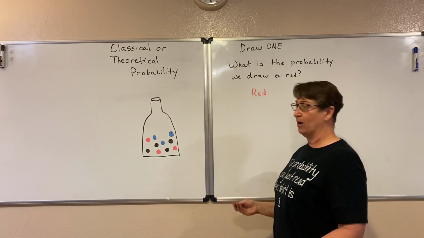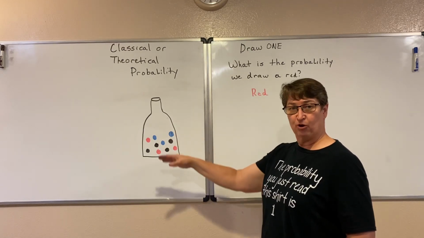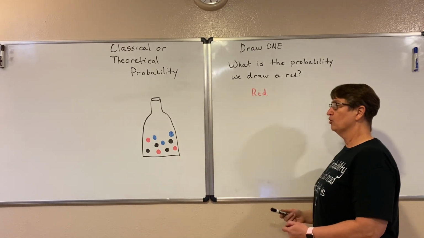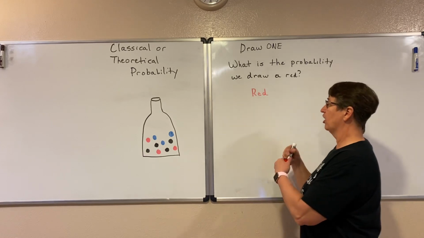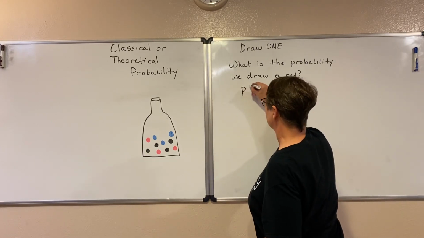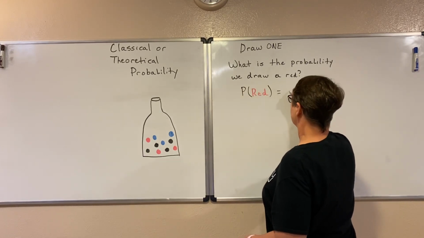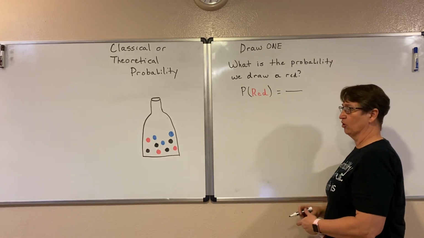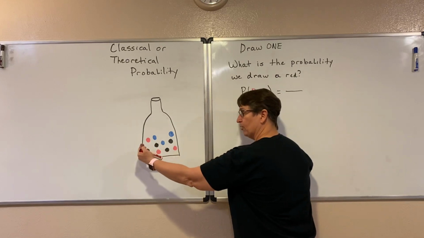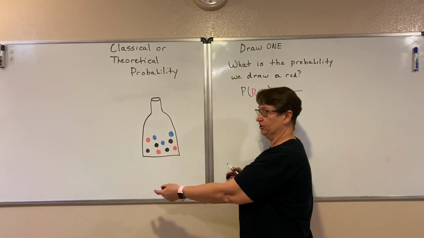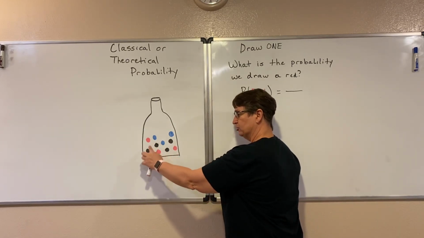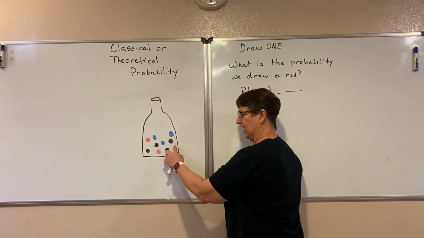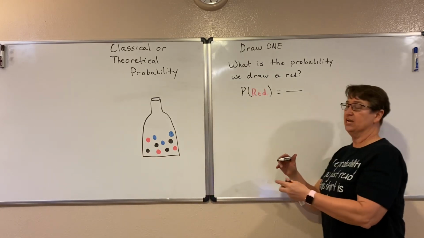So what is the probability I get a red from this jar? Well, remember when we're talking about the probability of something, in the denominator we have the total number of ways we could draw something. Well, the total number of ways are the total number of balls in here. So we have 1, 2, 3, 4, 5, 6, 7, 8, 9, 10 balls in the urn.